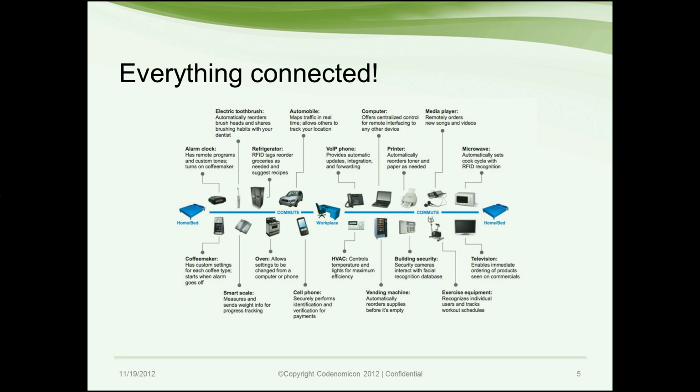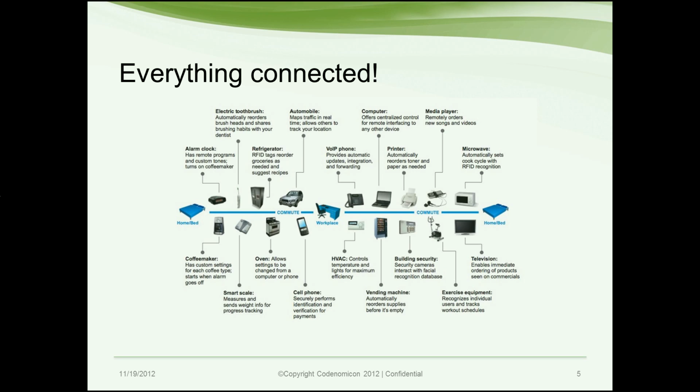So there's not even any human interaction needed anymore. You can think about your oven, which can be remotely controlled using a tablet or your smartphone or your computer. You can think about an electric toothbrush, which sends your brushing habits automatically to your dentist whenever you have a scheduled appointment upcoming.